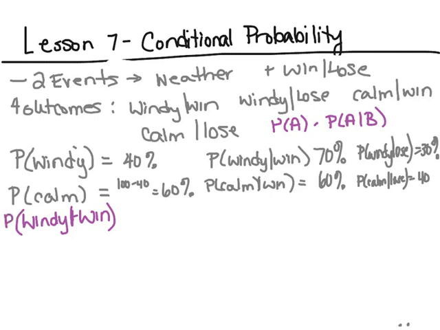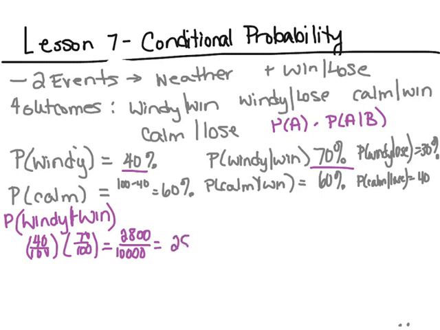The probability would be 40%, which is 40 out of 100, and we would times it by 70 out of 100, which is the same as 2,800 over 10,000, which is 28%. Now what you can do to make this easier is just change all your probabilities to decimals. So this would be 0.4 times 0.7, which is 0.28, which is 28%.